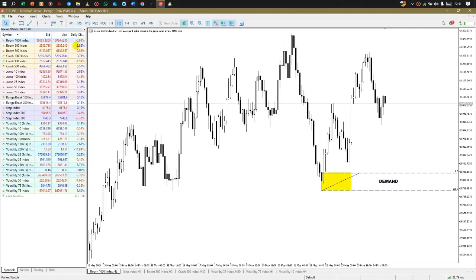See, all the markets, as long as there is the price and there is the price chart, then you can apply supply and demand. So I'll be analyzing these instruments here.